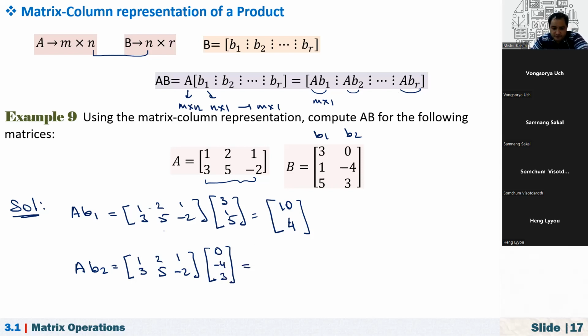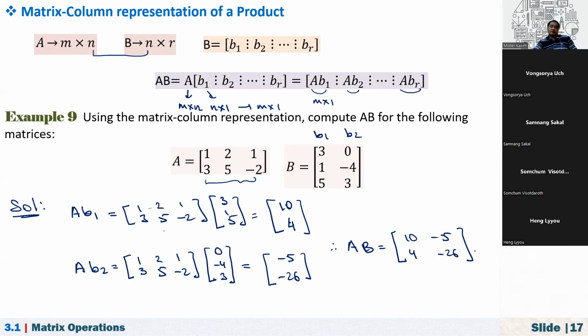So that is equal to, again, a 2 by 1 matrix. 0 times 1, 0, 2 times negative 4, it is negative 8, and there's 3, so that is negative 5. 3 times 0, 0, 5 times negative 4, negative 20, negative 6, negative 26. So now we can just write the result. What is AB? The first result, that is 10 and 4. The second result, negative 5 and negative 26. So that is the product of these matrices.